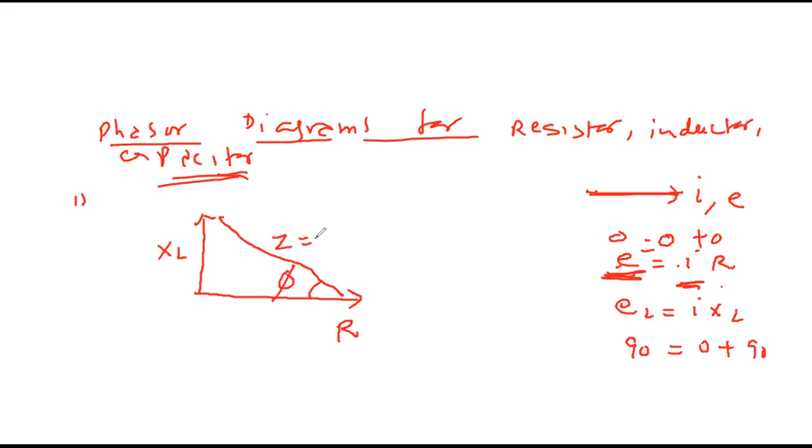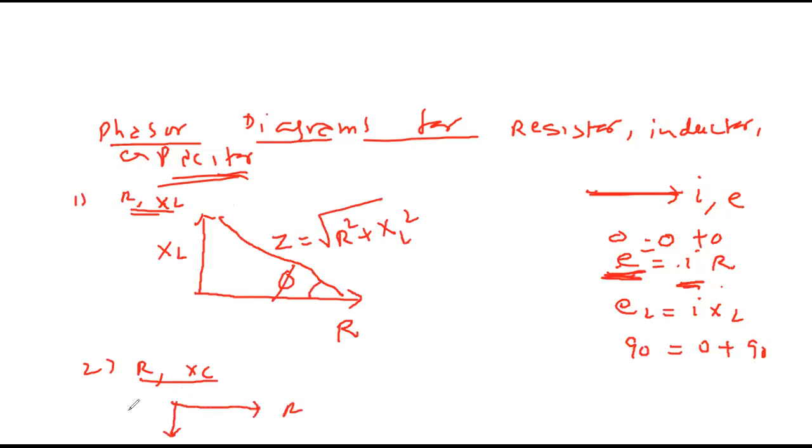This will be impedance, root of R square plus XL square, which is the combination of R and XL. If it is R and XC, then R is my reference, XC is lagging by 90. This is called impedance and this angle phi is called phase angle.